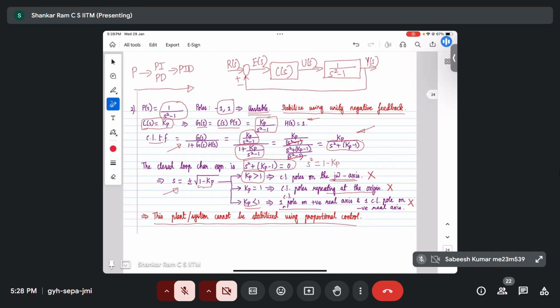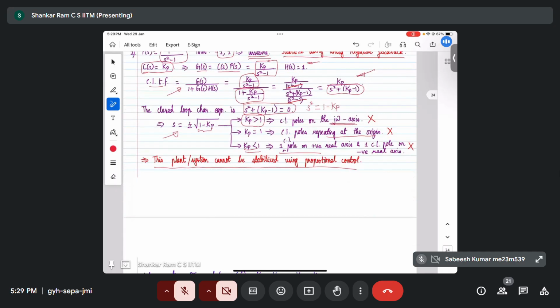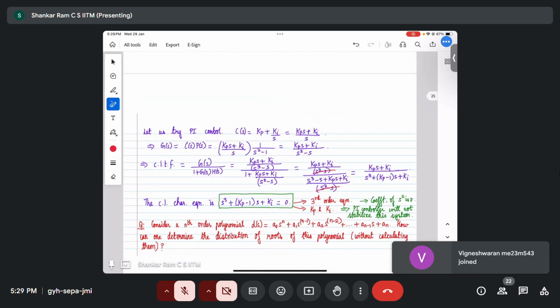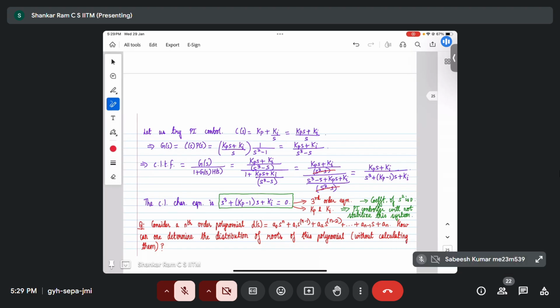Okay. So now that we have ascertained that proportional control is not going to stabilize this closed loop system, we go further. Let's look at the PI controller. By now, I'm sure all of us have got a hang of what the steps to follow are.